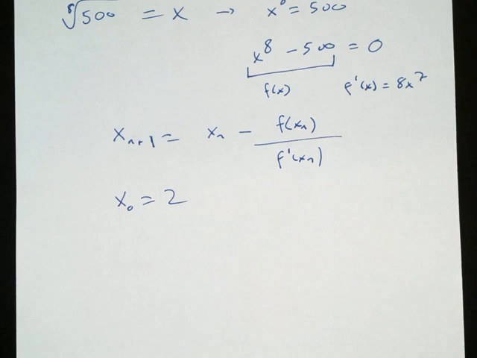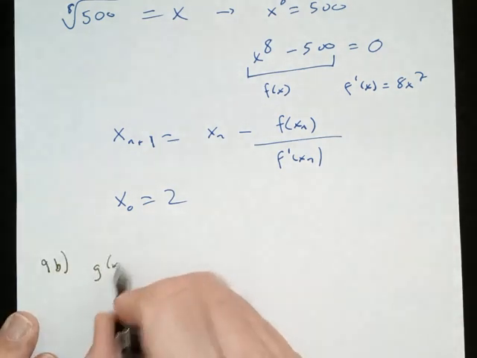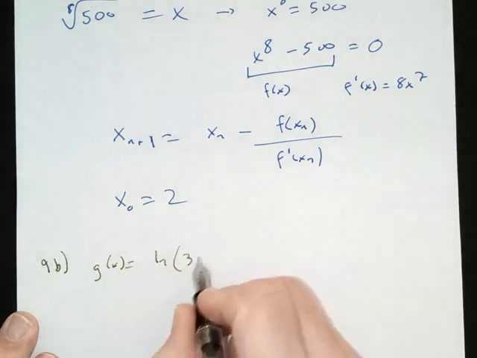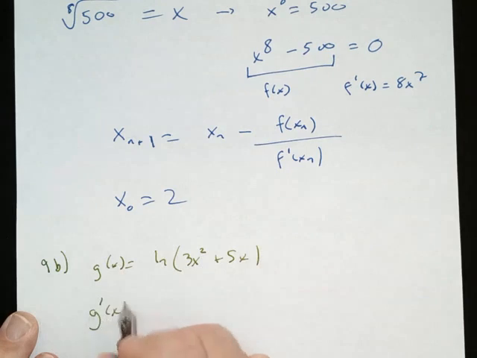Once again, I'm very happy to try not to simplify. But I'm probably going to have to simplify in the first and second derivatives to make the third one easier. So let's see, 9b. G of x is ln of 3x squared plus 5x. My first derivative.